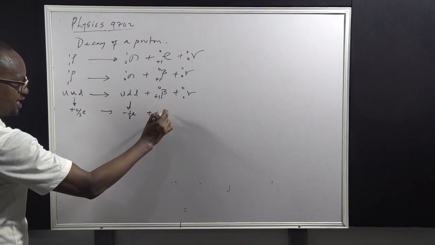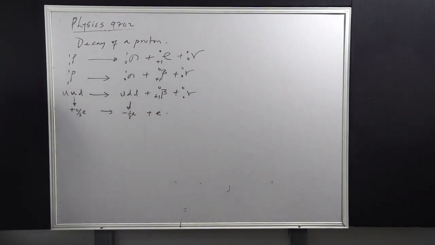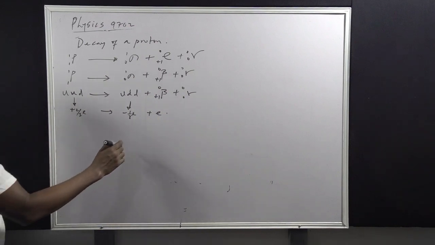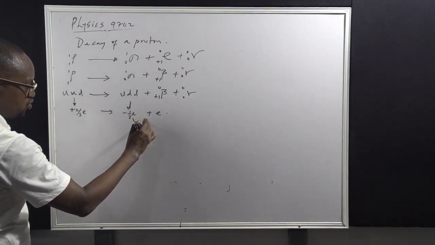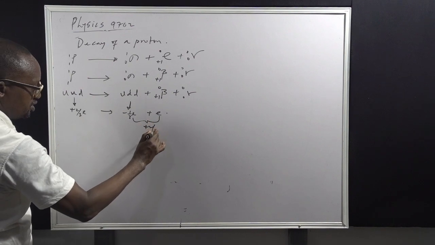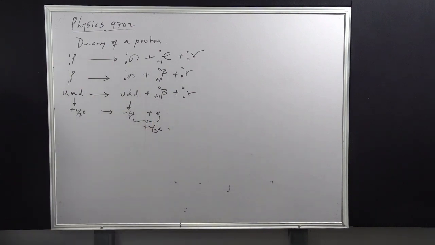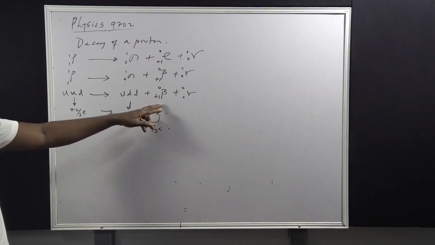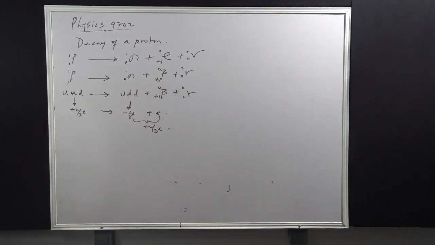To balance it, I have to add plus e to it. So minus 1 over 3e plus e will give you plus 2 over 3e, which is what actually balances that change. So based on charge conservation, when a proton decays to a neutron, a positron, or beta plus, must be produced.